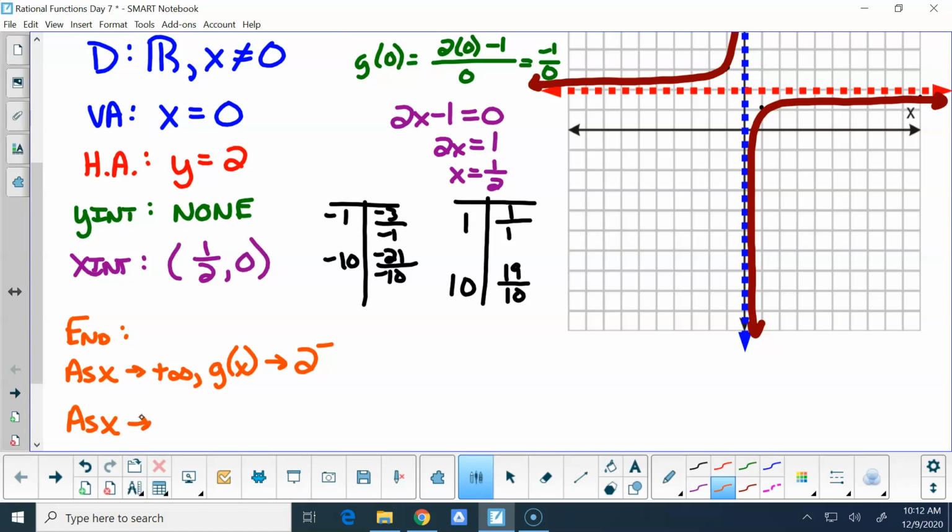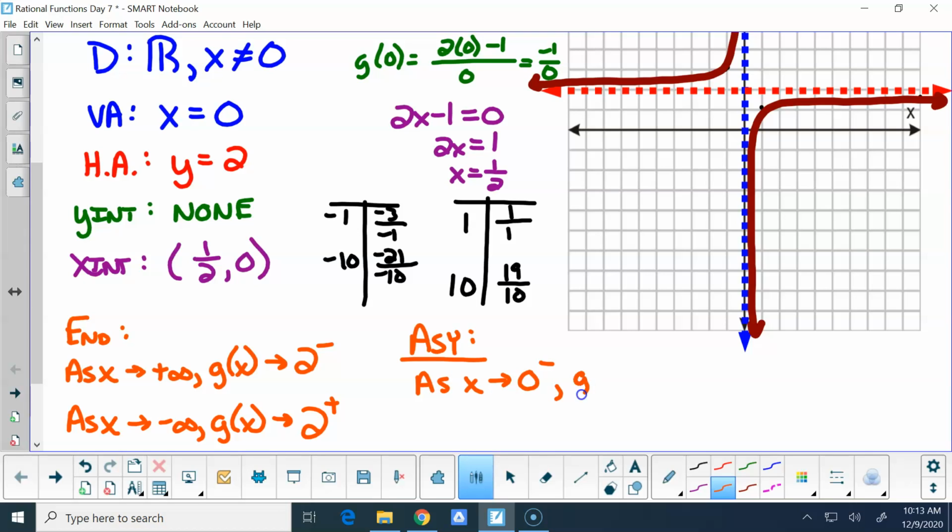As x is approaching negative infinity, my function g of x is approaching 2 from above. Asymptotic behavior: as x is approaching 0 from the left, my function is going to positive infinity, and as x is approaching 0 from the right, my function is going to negative infinity.